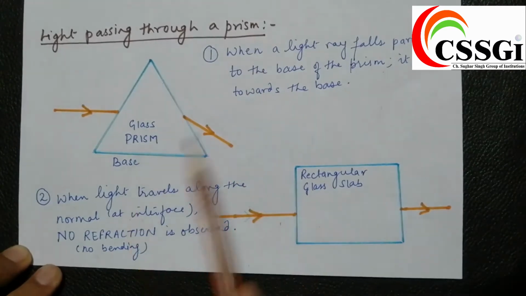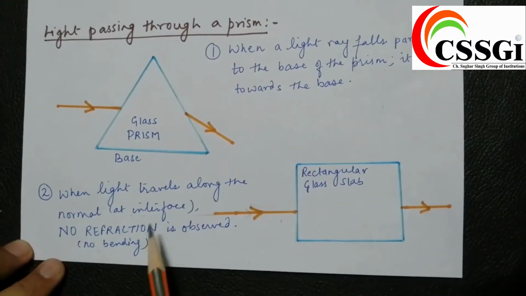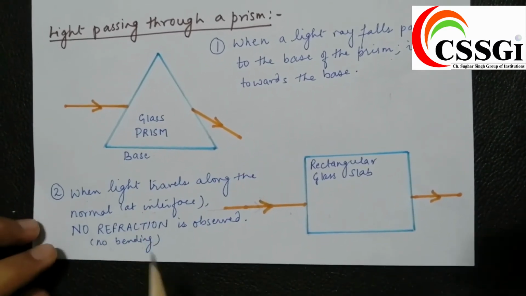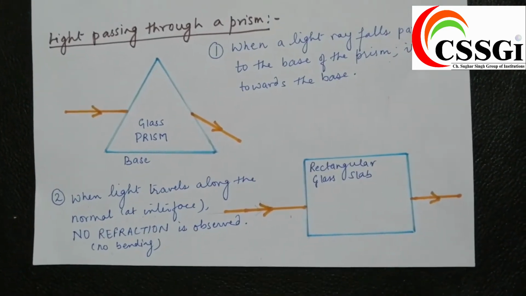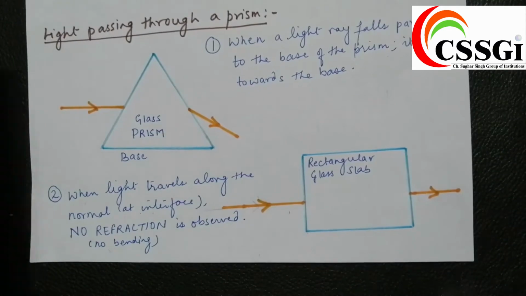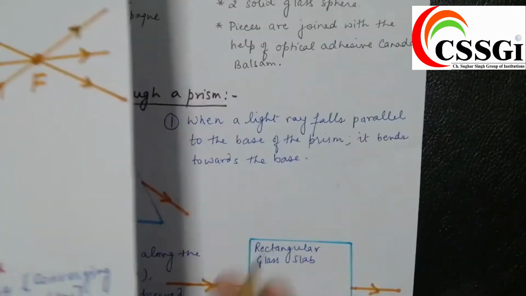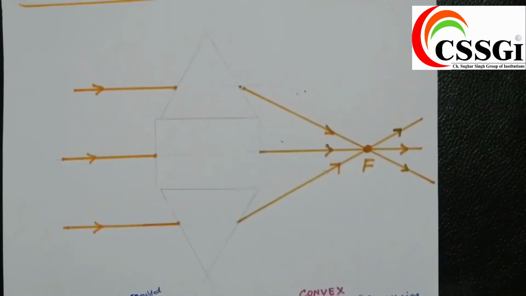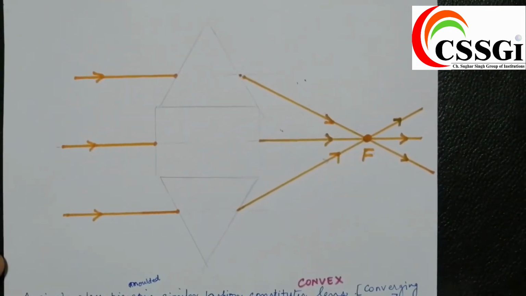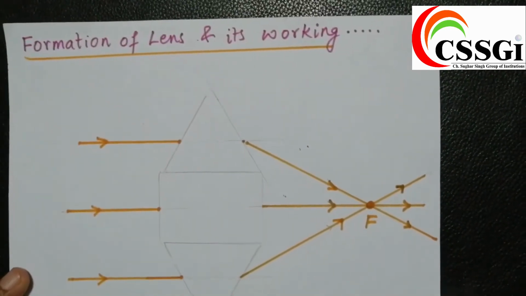So you have to keep these two points in mind, and now we can quickly move to the alternate way of learning how the lenses are formed and how their working takes place. Formation of lenses and their working.